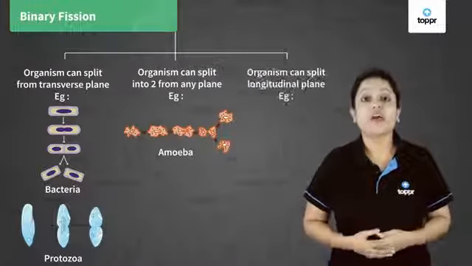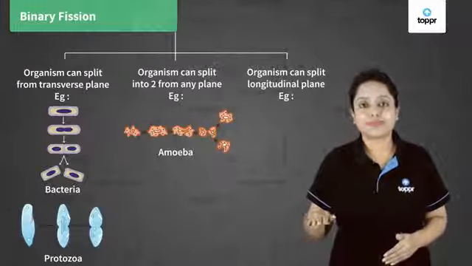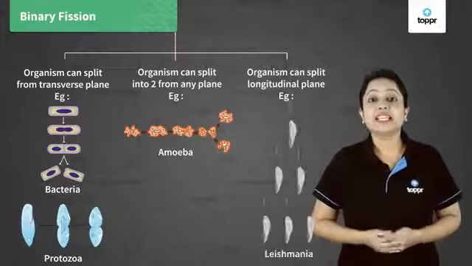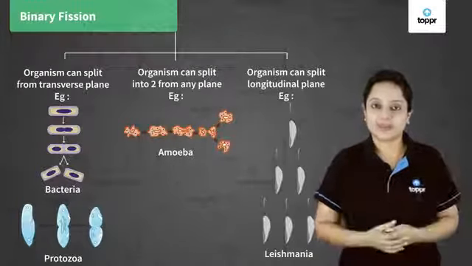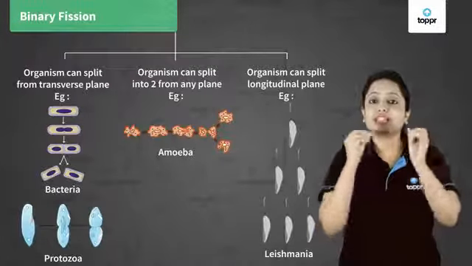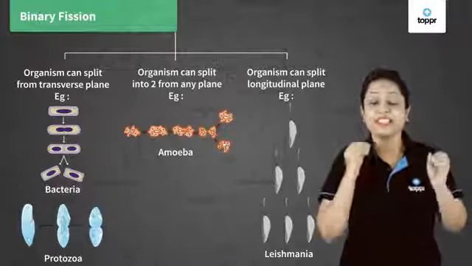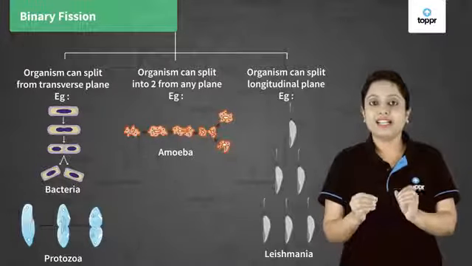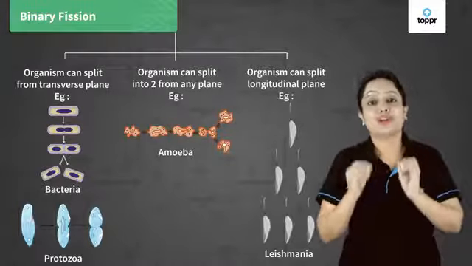And third, organisms can split longitudinally. For example, in Leishmania. It is also known as Kala Azar. It is a protozoan, so it has a whip-like structure called flagellum at the end of its cell. And thus, to divide the cell into two equal halves, it has to divide longitudinally.